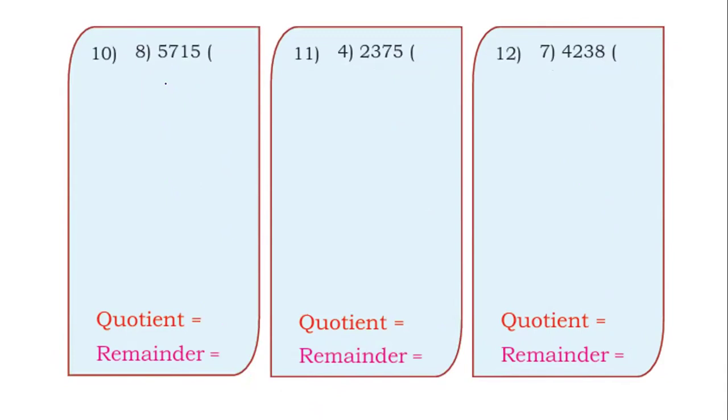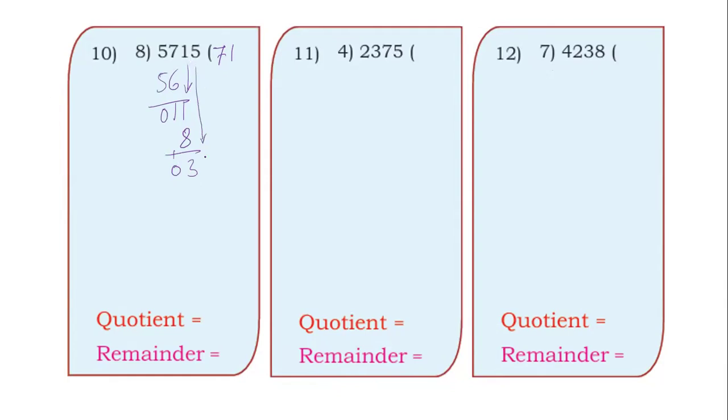10th one, 5715 divided by 8. 8 sevens are 56. 7 minus 6 is 1. 5 minus 5 is 0. Take this one here. 11. 8 ones are 8. 11 minus 8 is 3.